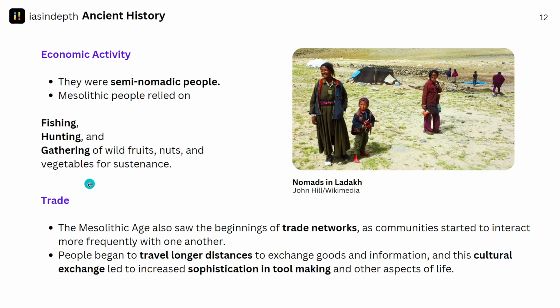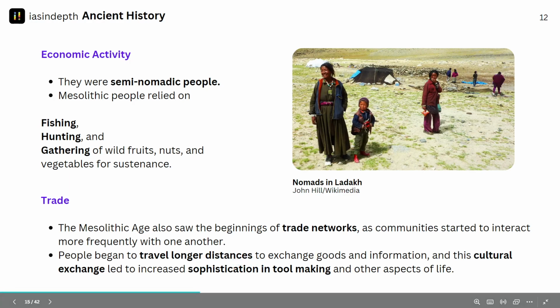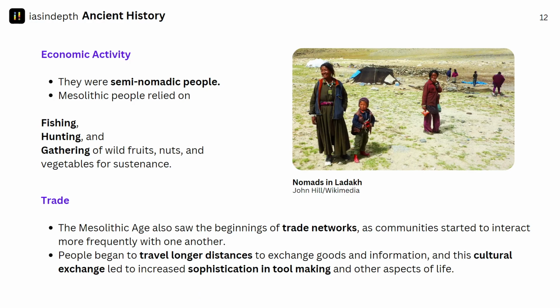Now, what about trade networks? We can see the beginnings of trade networks as people who lived in groups started to interact more frequently with other groups. That interaction made way for trade networks, and people began to travel longer distances to exchange their goods as well as information.